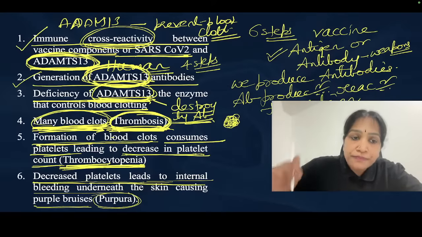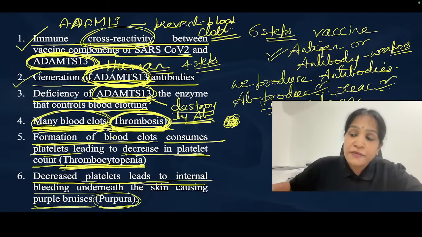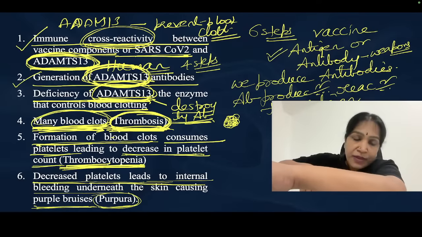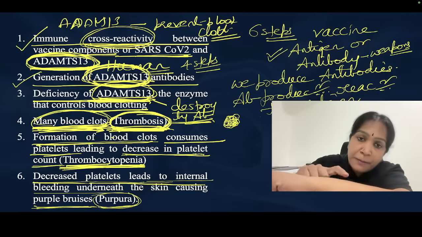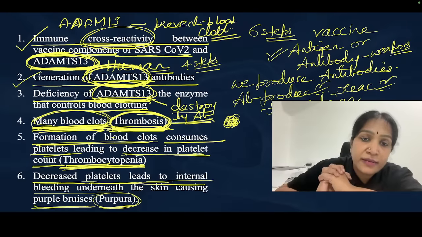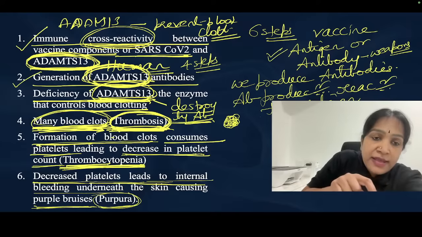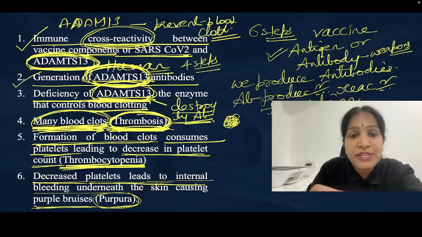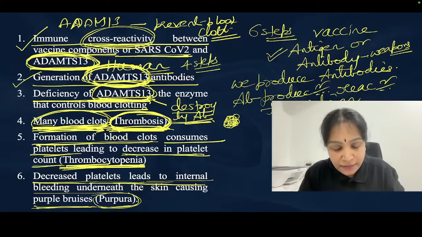That is called purpura, purple color bruises. Why? For example, somebody hits me. Internal blood vessels ruptured. Bleeding occurred. But clotting is not occurring because platelets are not there. So bleeding underneath the skin will lead to purple patches on the skin. That is called purpura. Is it clear?